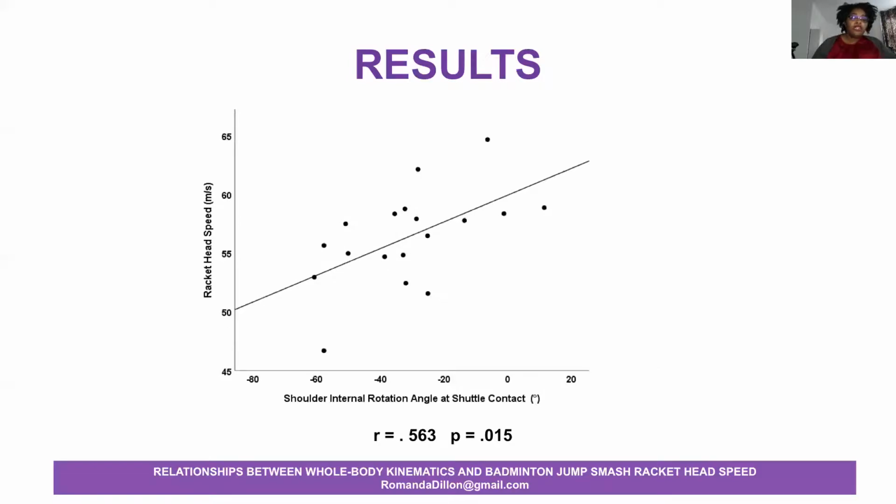Greater shoulder internal rotation at shuttle contact was also shown to correlate with racket head speeds. This suggests that the shoulder internal rotation puts the arm in a better position to generate wrist and consequently racket and shuttlecock speeds. This is suggestive of the kinetic chain principle that was discussed earlier, in that the shoulder produced the momentum needed for the wrist to generate the final velocities needed to produce those final racket head speeds.